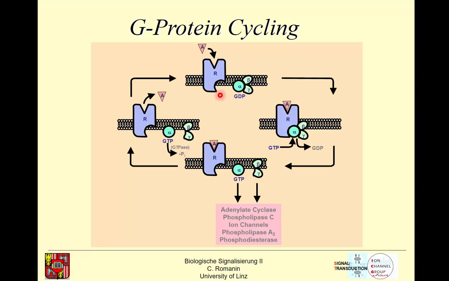So here it's not an exchange, it's a hydrolysis of GTP into GDP. And with this now, when GDP is sitting here at the alpha, it associates again with beta gamma. And here we have now, in a very cyclic way, the resting state of a G protein, which is available now for another cycle, getting activated due to an activated rhodopsin receptor.